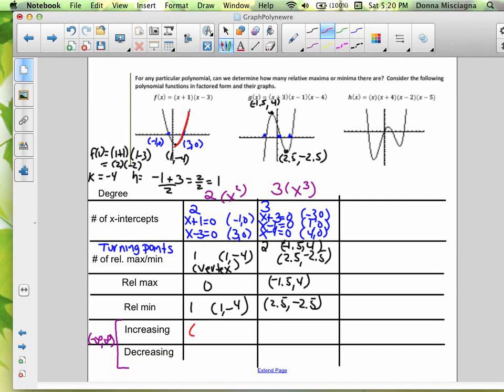We're increasing from 1 to infinity, and decreasing, that's the fast part, wee down the hill, right? So it was decreasing from negative infinity to 1. I'm just going to switch my colors, trying to be consistent with my quadratic podcast.